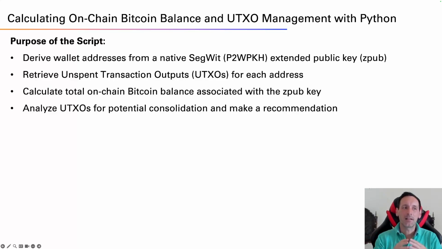Why? Because that key can generate, as you will see in the script, all of your wallet addresses. So they will know your current balance, but they will also know your future balance and all your future addresses. So it's a piece of information that you should keep almost as private as your private keys, of course, that give access to your Bitcoin.